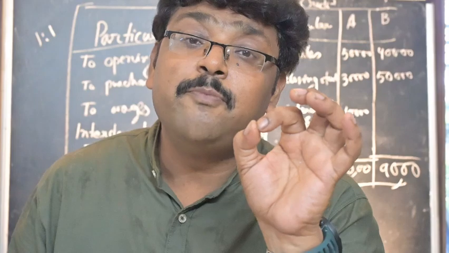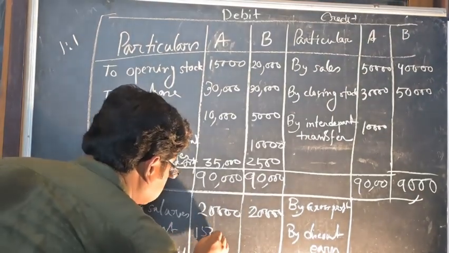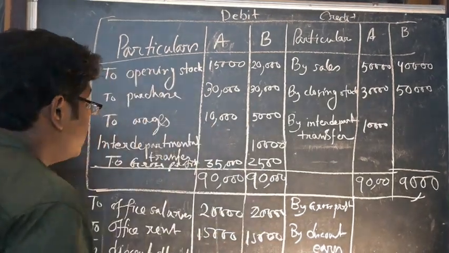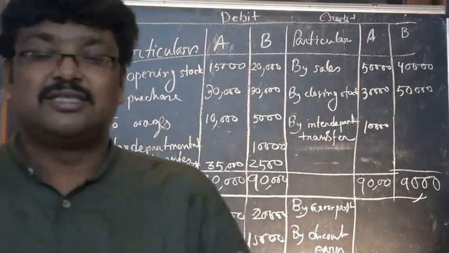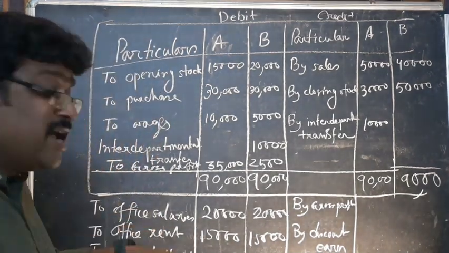So we should write 15,000 and 15,000 on the debit side. These all are expenses, salaries and rent expenses.